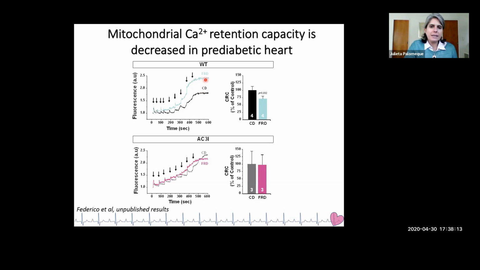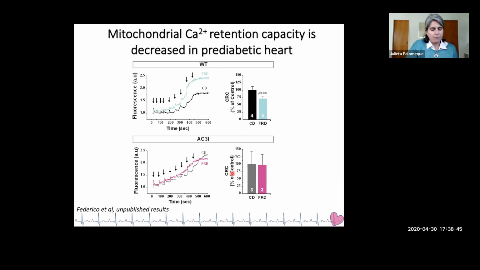So we can see here that the fructose-rich diet mice reach this point much earlier than the control diet mitochondria. And in the overall results, we have a significant decrease in the calcium retention capacity of these mitochondria.